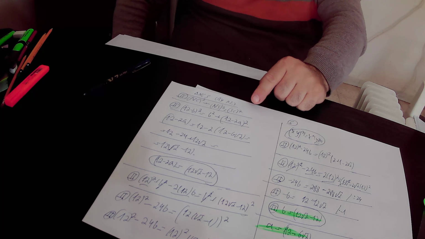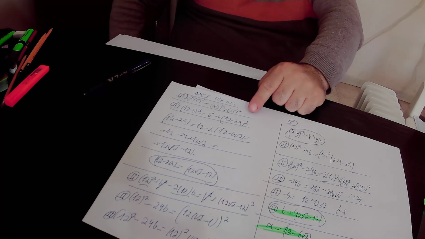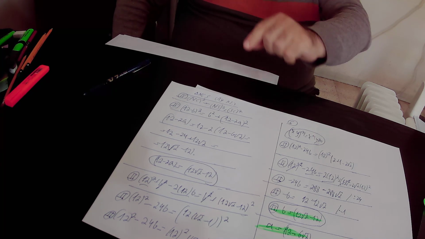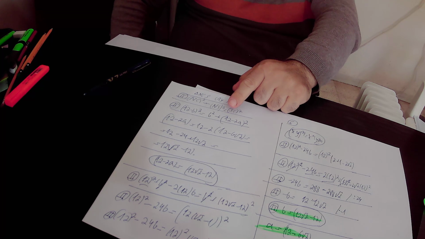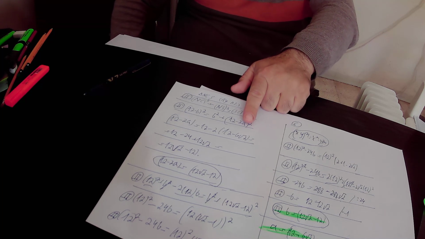Here we calculate the value of 12 minus 2A. It is 12 minus 2 times A, and A is equal to 12 minus 6 times root of 2.